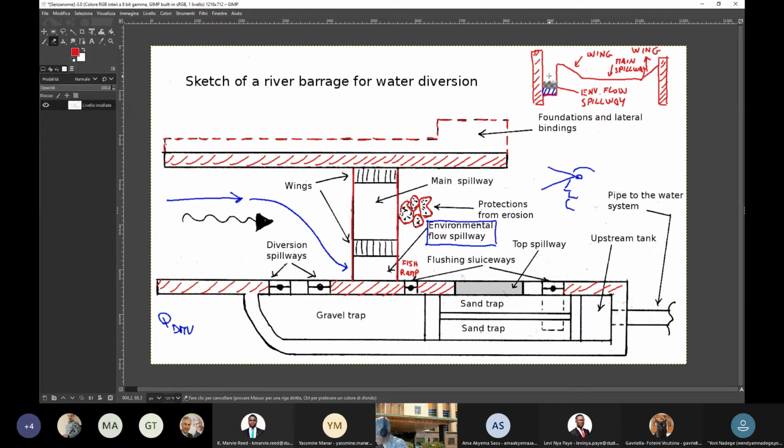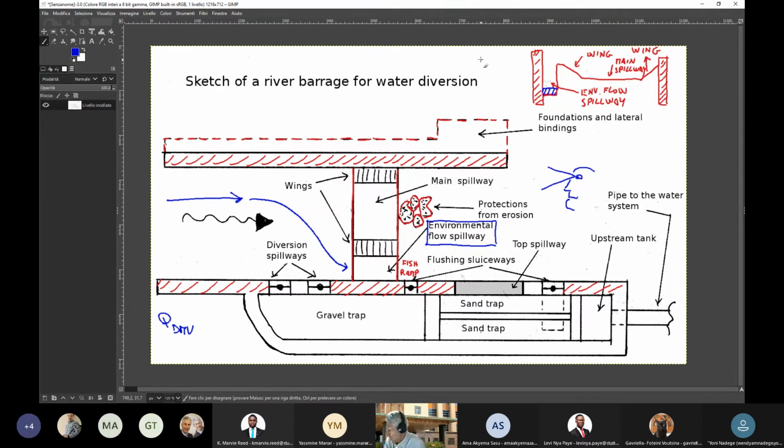So just 1 second, and let me do like this. Let me make an experiment to fill it with white color, and then let me redraw this part. What I did was to delete the previous water level in the environmental flow spillway and to lower it down.